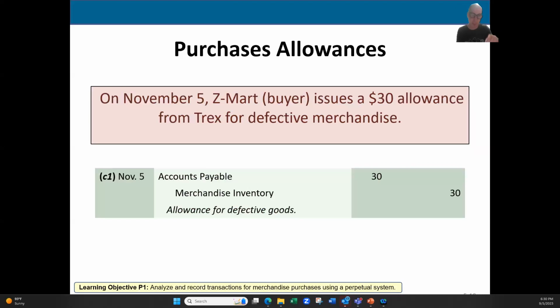Okay, no problem. So we debit accounts payable $30 to represent the amount of the defective product that was sent to us. In other words, we're subtracting that $30 from our total bill. We haven't paid them yet. And we're going to credit merchandise inventory $30 because there's $30 worth of damaged stuff. Can't sell it, so take it out of inventory. So that's what this transaction represents.